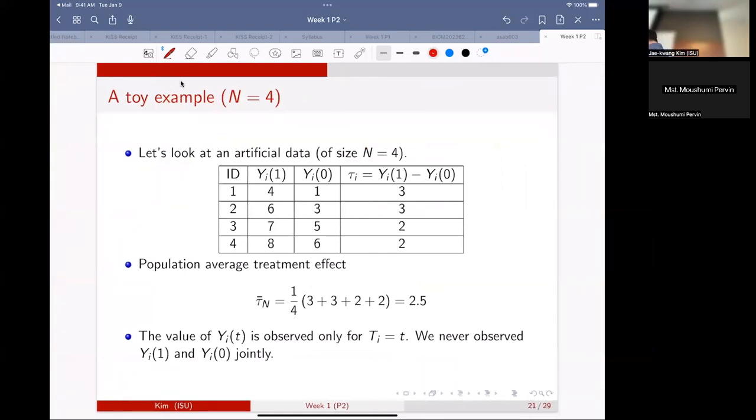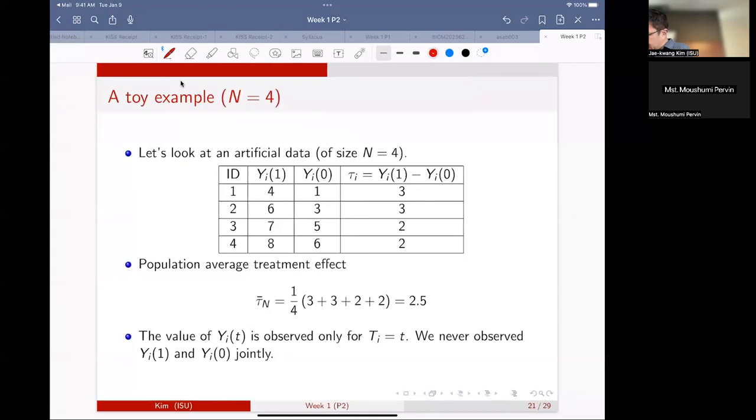Okay, now I'm going to use a very similar example. Here capital N equals 4. So this is a population, right? The population now has two values for each unit: one is y at t equals 1, the other is y at t equals 0.